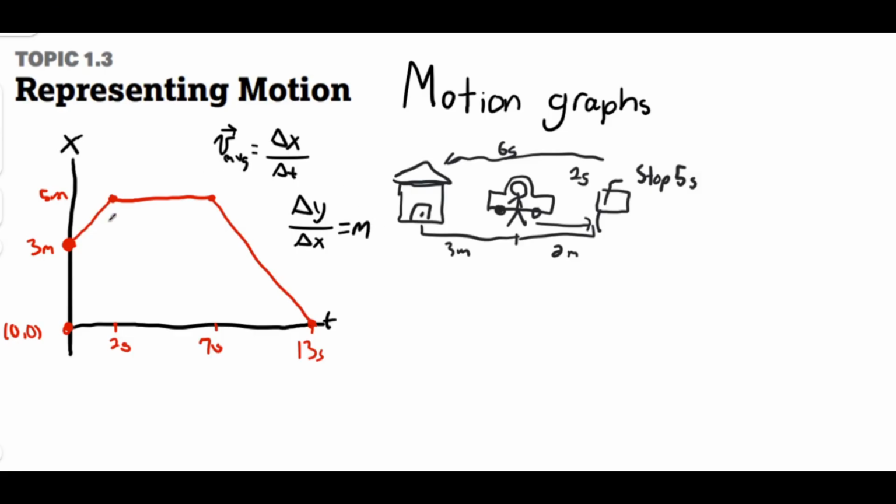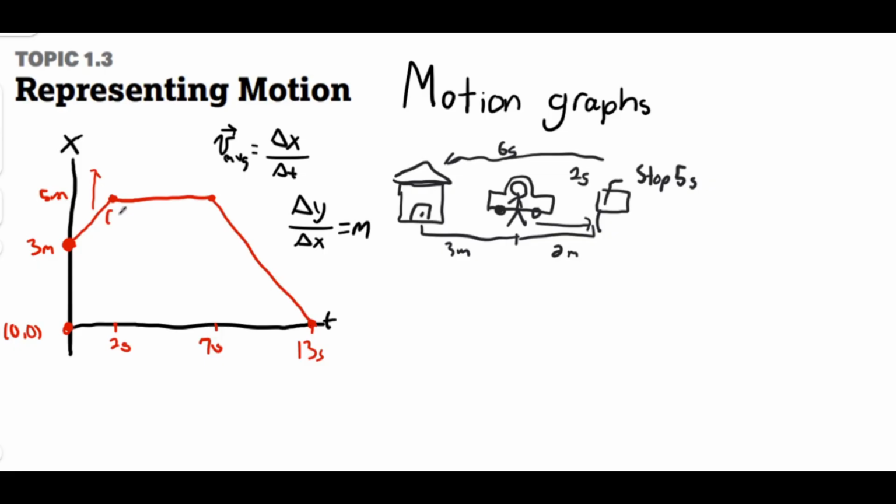So if we go to all of these points and we take the slope, we're going to end up getting the velocity. So let's start with this first interval here. Slope is y2 minus y1 over x2 minus x1.